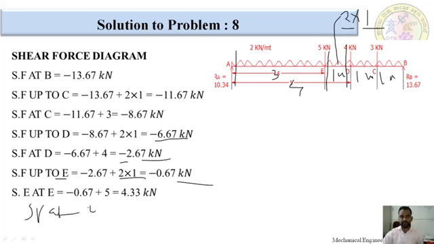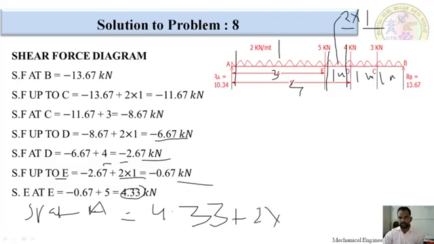at E, equal to the shear force at A. 4.33 is this value, and how much will we get up to A point? 2 into 3 plus 2 into 3 is equal to 6. 6 plus 4.33 is 10.33 kilonewton up to A point.